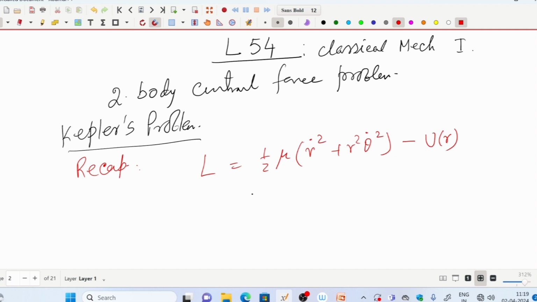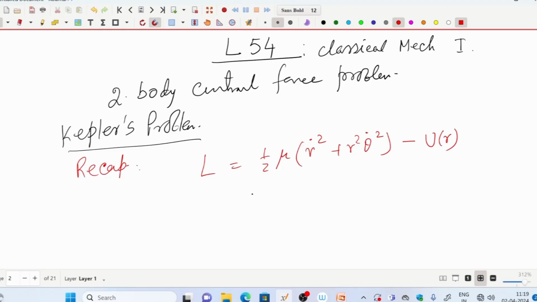This is in general the Lagrangian for the two-body central force problem, and I mentioned repeatedly that theta is cyclic in any central force problem, leading to the conservation of angular momentum.